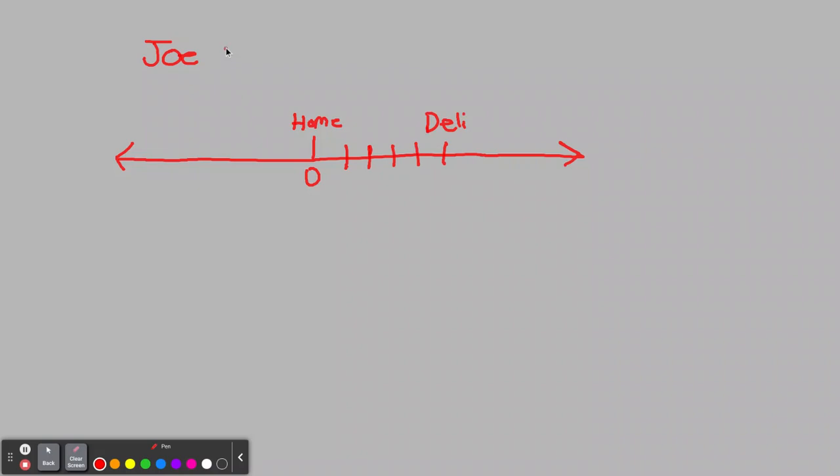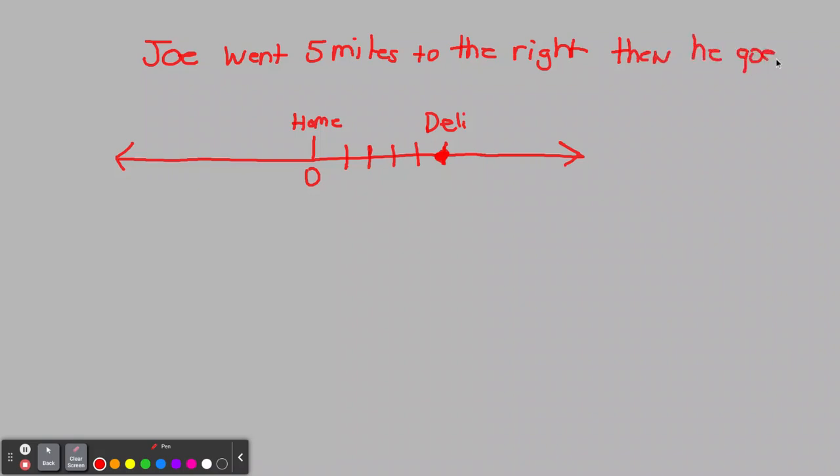And let's say Joe went 5 miles. You'll see he'll go 5 miles to the right. He got his meatball hero or whatever he got. And then he goes, let's say, 12 miles to the left.